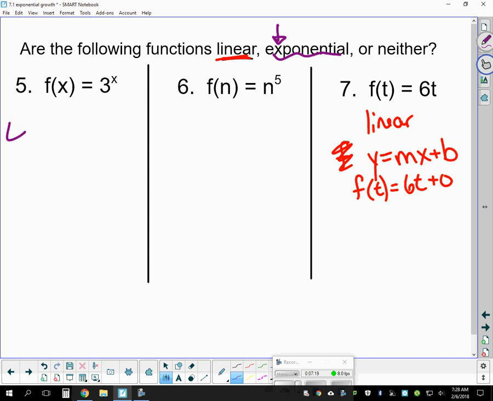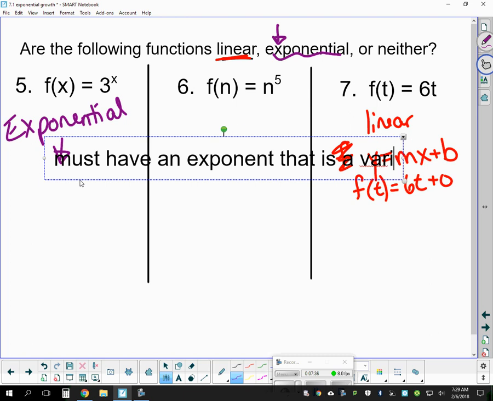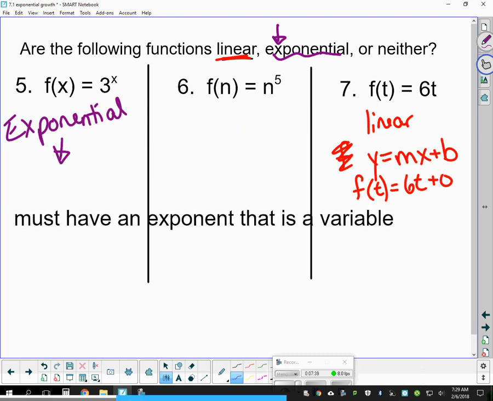Number 5. Okay, so you have to have an exponent, and the exponent has to be a variable. To be exponential, I'm going to type that out, must have an exponent that is a variable. That's how you can tell if something is exponential.